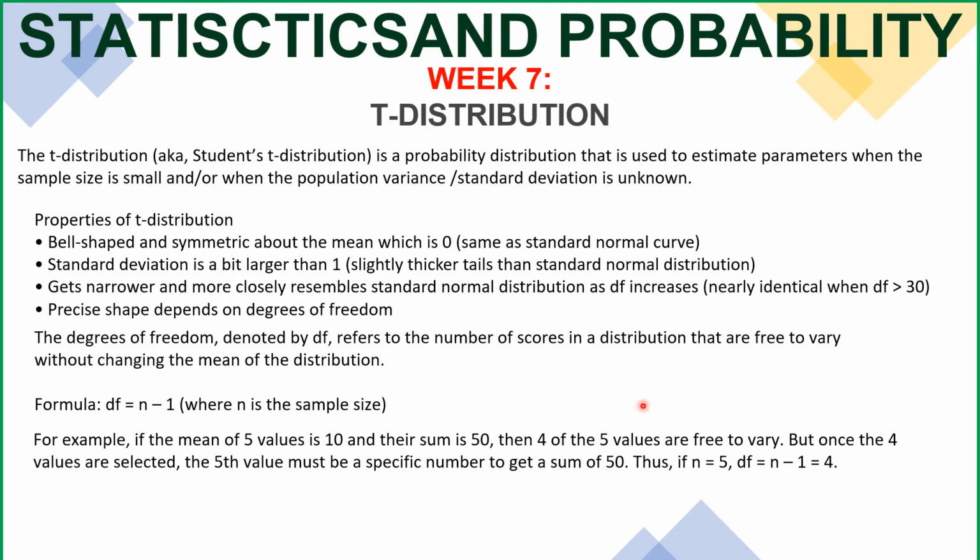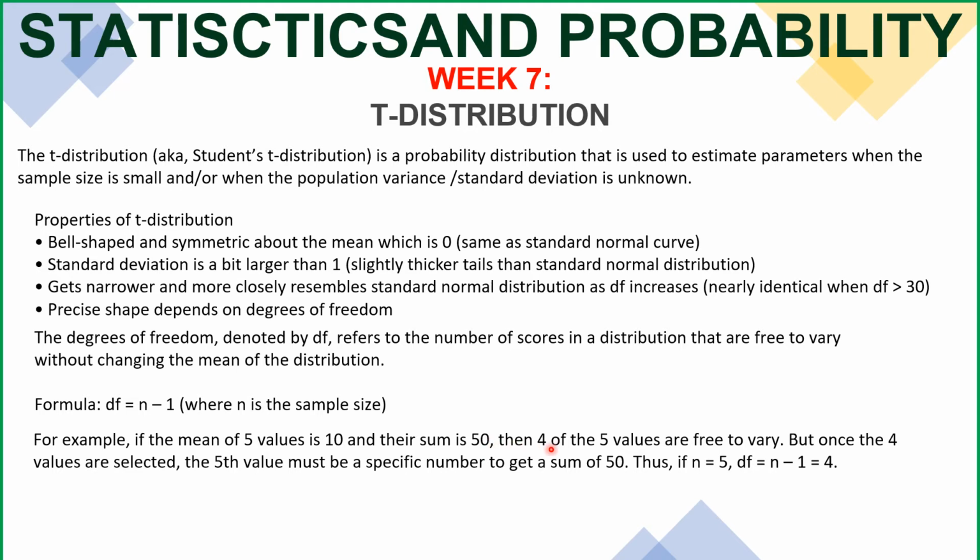Meaning, degree of freedom, sabi dito, may 5 values tayo or may 5 numbers tayo. So, yung mean daw ng 5 numbers natin is 10. Tapos, yung sum nila is 50. Kapag pinag-add-add yon, dapat yung sum nila is 50.